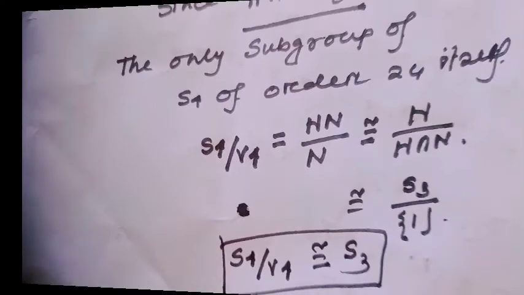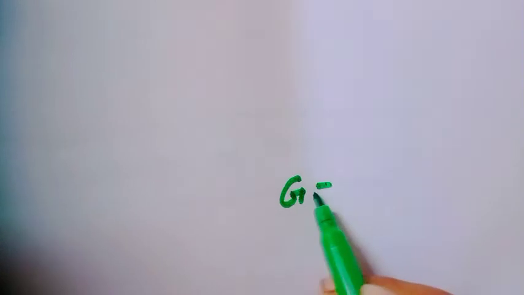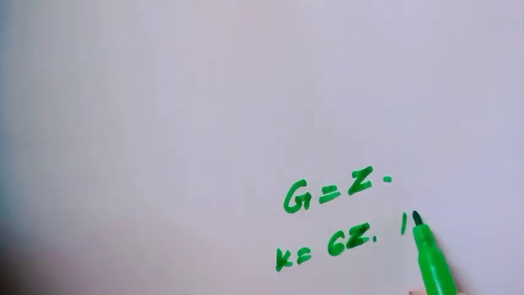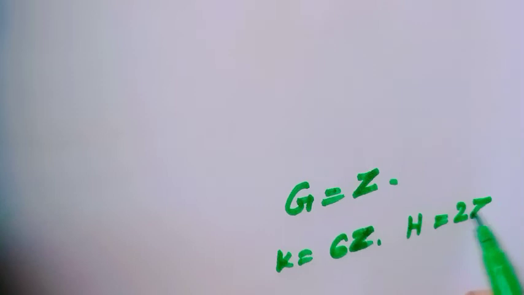Okay? For example, consider G equal to the integers, K equal to 6Z and A equal to 2Z.